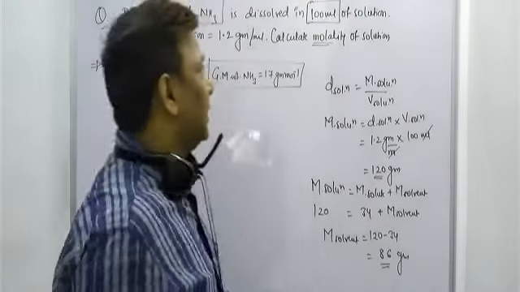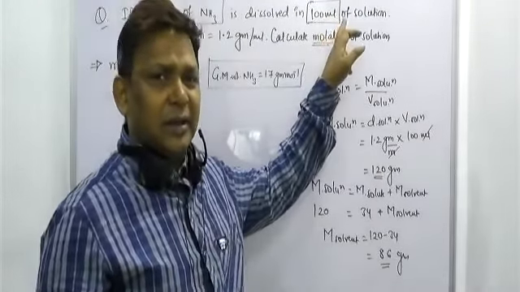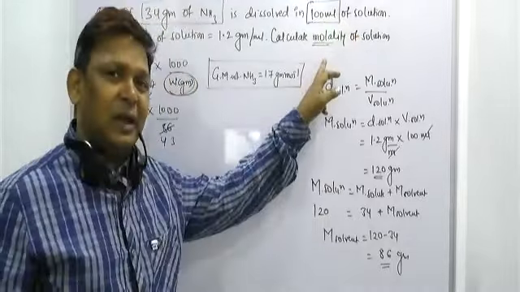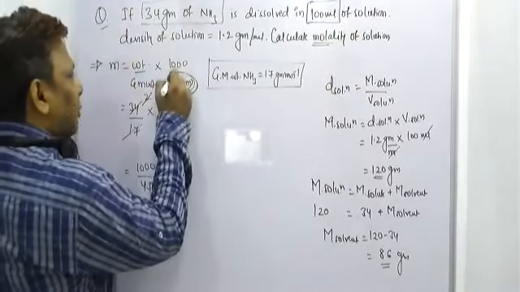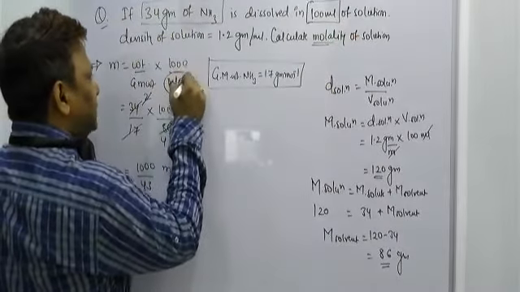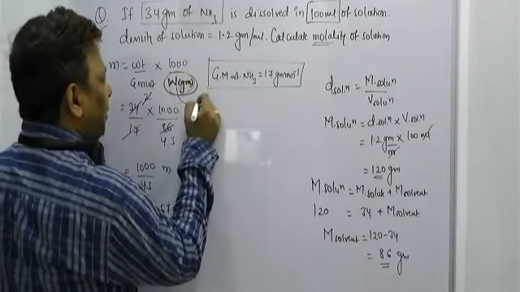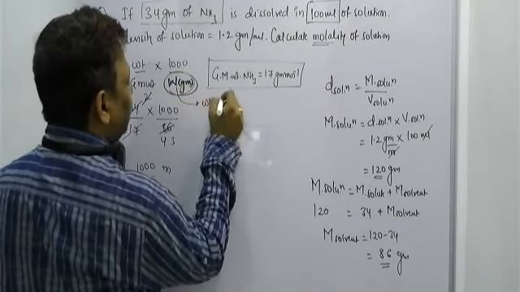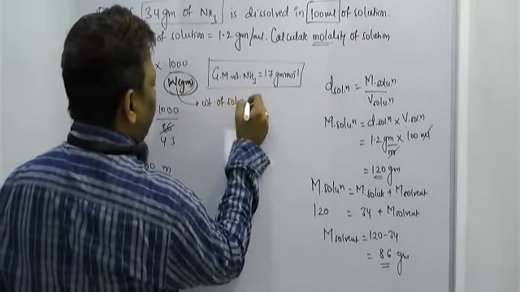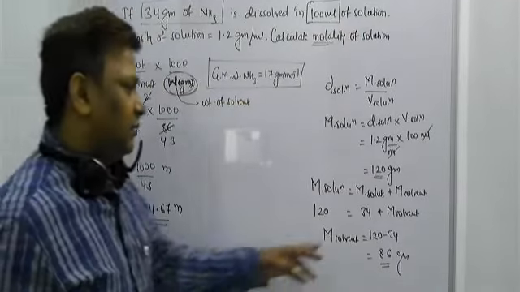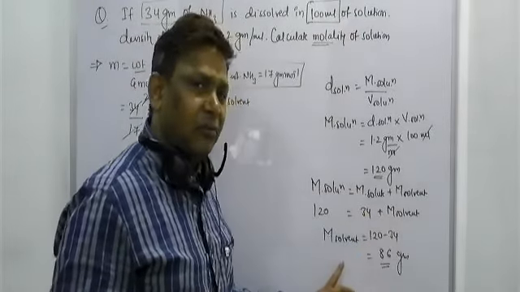Did you understand? They gave the volume of the solution in ml. They are asking to get the molality, and we know for molality we want the weight of the solvent. See beta, mass of the solvent is the weight of the solvent. How are we getting it?